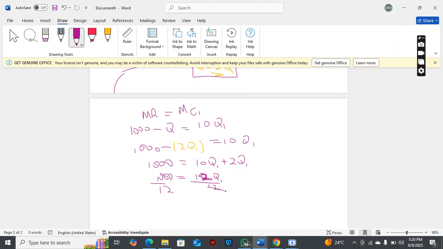What do we get? 1000 divided by 12. 83.33. Q1 equals 83.33.